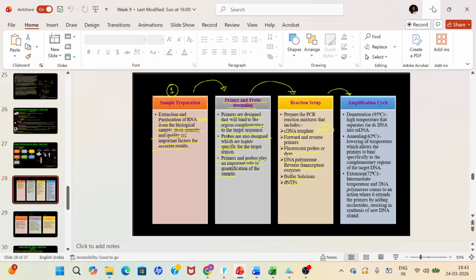Next step. As I've told you, first the sample preparation will be done, then the primers and probe designing will happen, then the reaction setup, then the amplification cycles that you will observe. For the amplification cycle, just like we gave instructions in PCR, we design the whole set of instructions for temperature and timing. The same will happen in the case of RT-PCR.